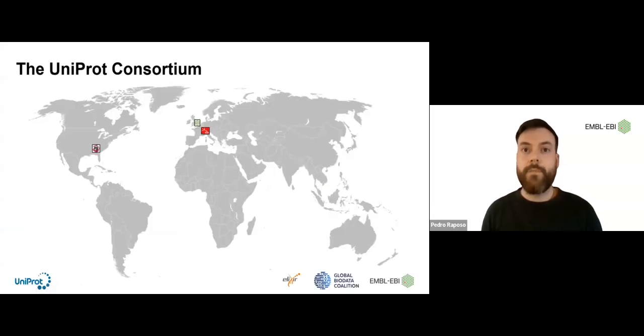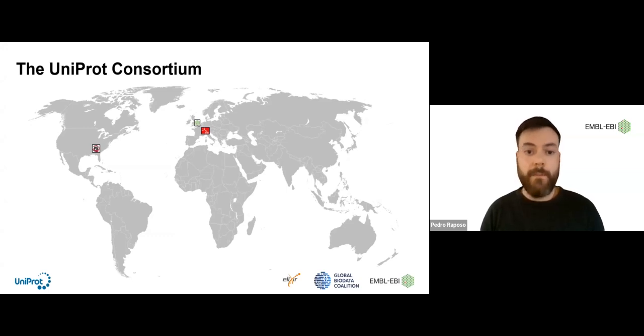So to start with, UniProt is the world's leading high-quality and freely accessible resource on protein sequence and also functional information. We provide reliable data as we have teams of expert curators reviewing literature in order to describe the function of different proteins.